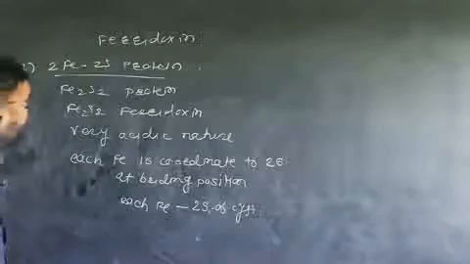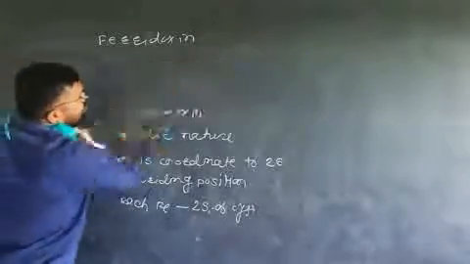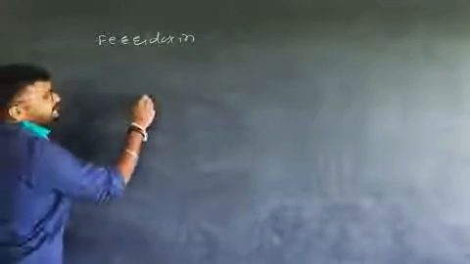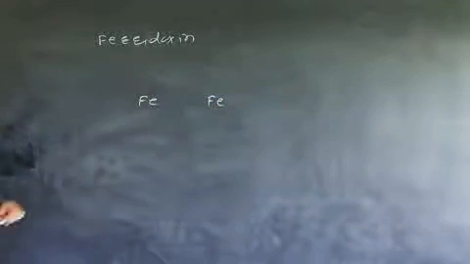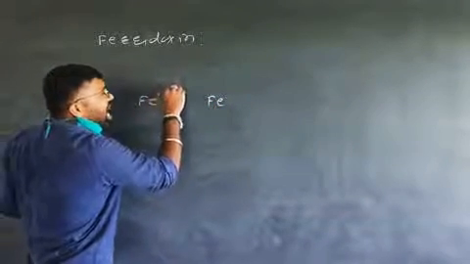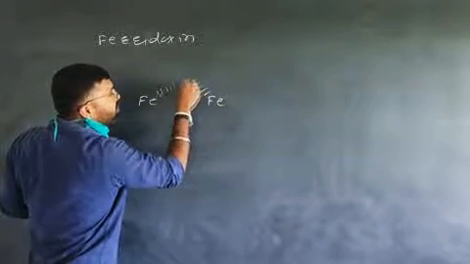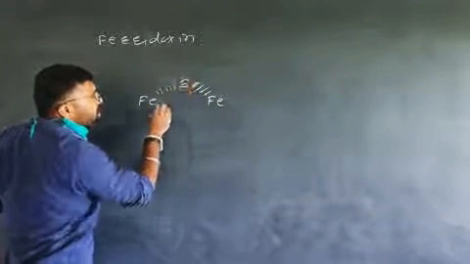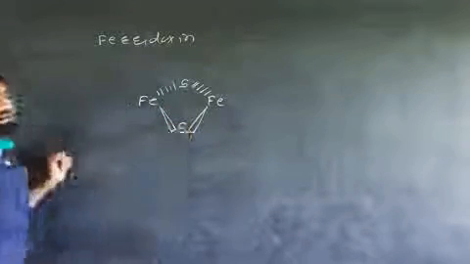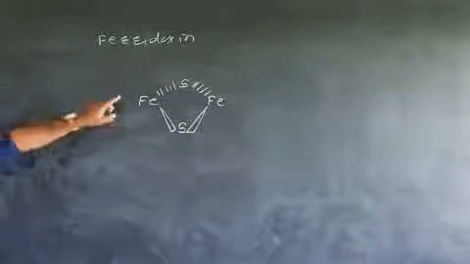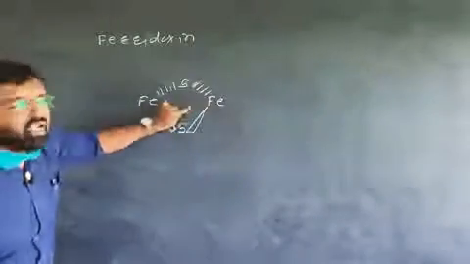So now I draw the structure. If you are able to see, 2Fe, that means 2 ferrous atoms are present. These 2 ferrous atoms are bridged by 2 sulfur atoms. Therefore it is called Fe2S2 protein, right?